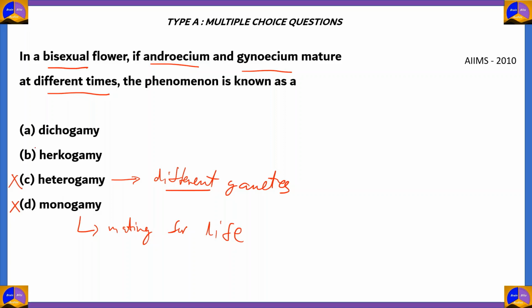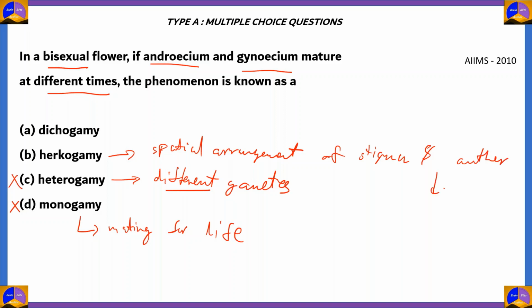What about option B? Hercogamy. Hercogamy refers to the spatial arrangement of stigma and anther, and this reduces interference.